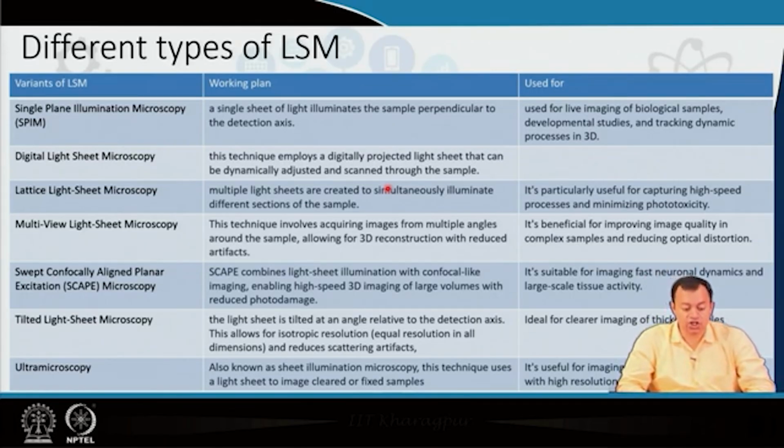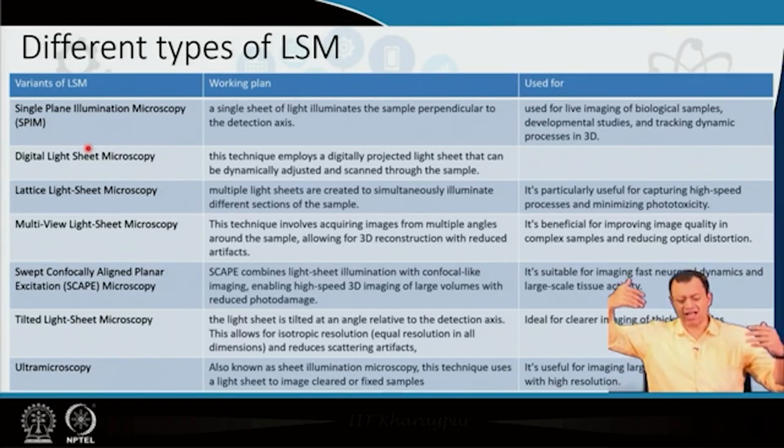So, multi-view light sheet microscopy, ultramicroscopy. Read about it at your own leisure: they have been used for taking dynamic processes in 3D in real time, what is happening in a particular bacteria as it is working, particularly useful for capturing high-speed processes while minimizing phototoxicity. SCAPE microscopy is for imaging fast neuronal dynamics, with clearer imaging of thick samples. So, there are several variants and all of them utilize more or less the very same principle.